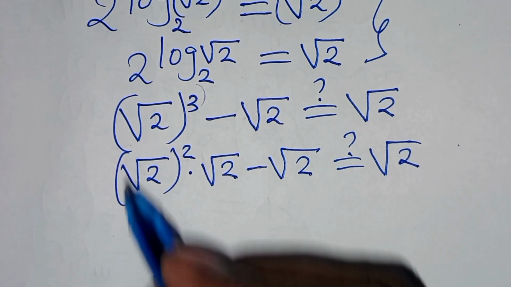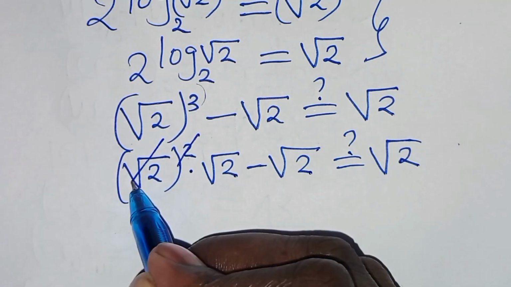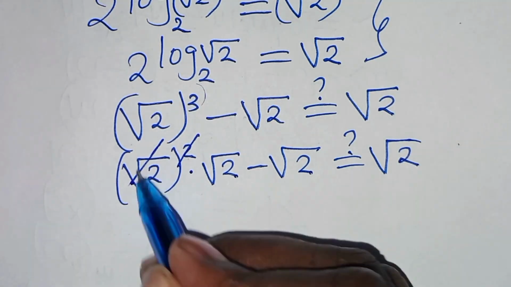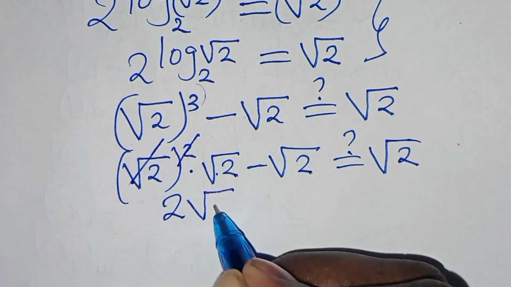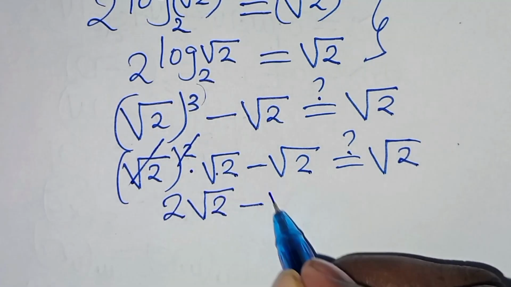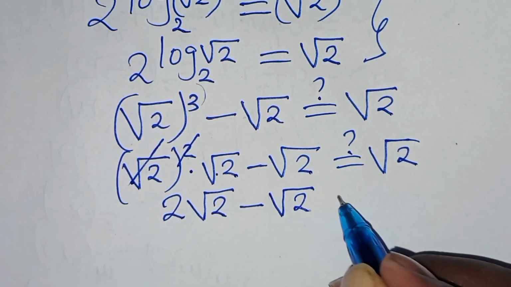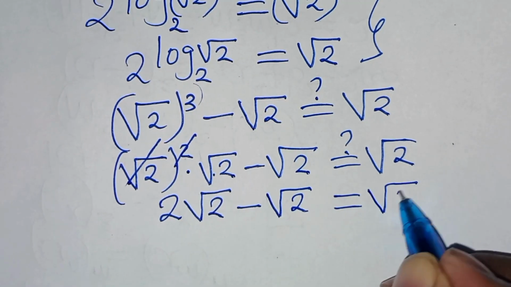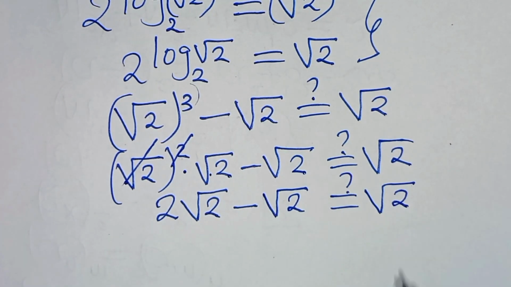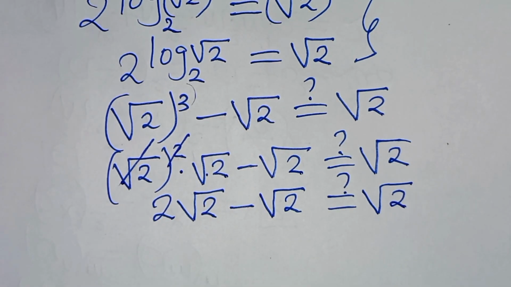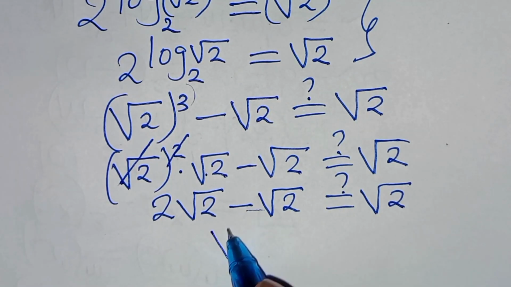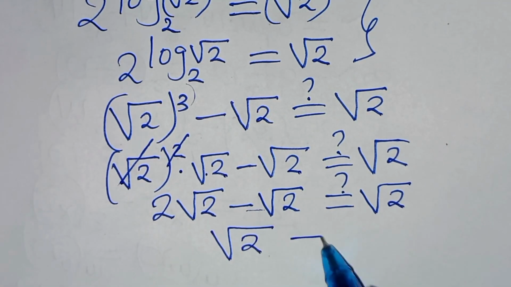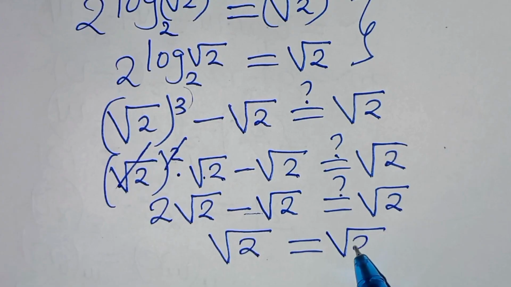Now, here we have square root of 2 squared. We eliminate the square root sign here. So we have 2 multiplied by square root of 2, subtract square root of 2. So here we have 2 square root of 2 minus square root of 2. This is actually equal to square root of 2, which is equal to square root of 2.